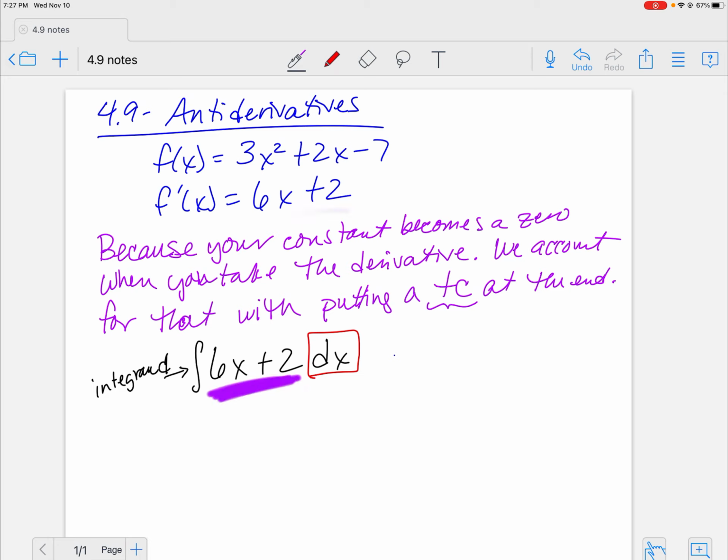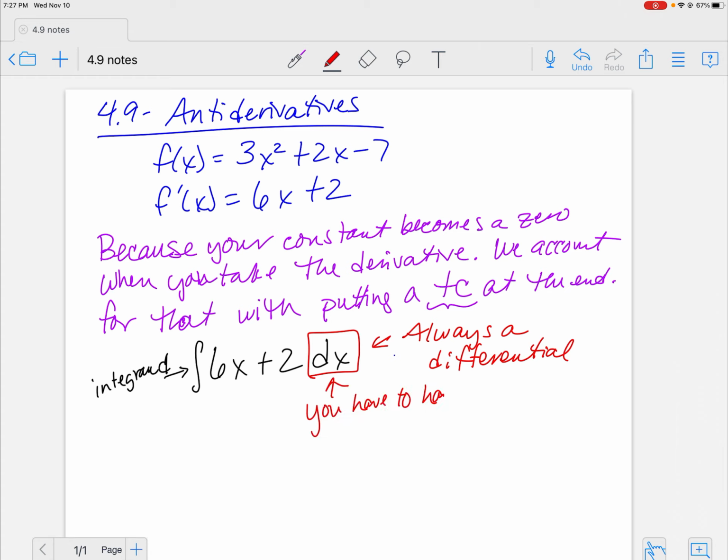This is actually a derivative with x as the variable that I'm focusing on. You have to have a differential. There is always a differential. Always. All right? So you have to have this differential that is in there. So make sure that you are paying attention to that whenever you work those problems.